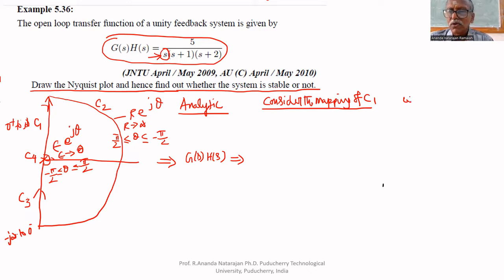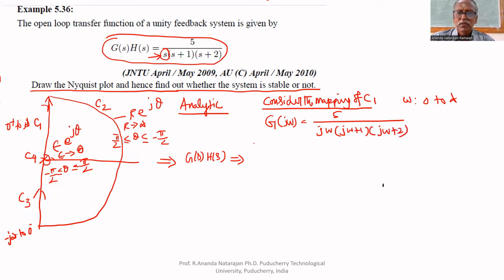C1 means omega varies from 0 to infinity. It is nothing but a polar plot. That's why we have to find G(j omega) = 5 upon j omega (j omega + 1)(j omega + 2).